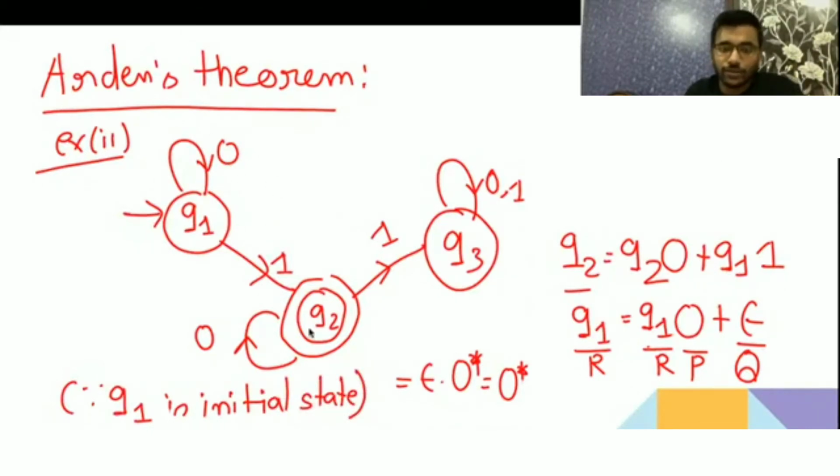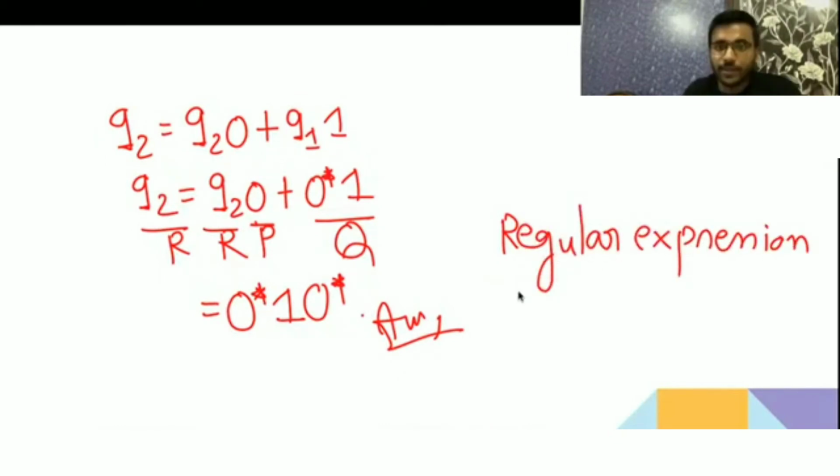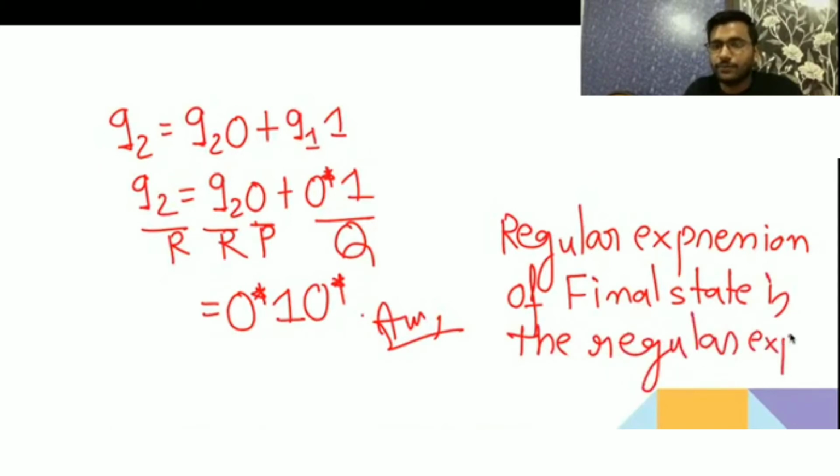By using Arden's theorem, we have to find the regular expression. Whatever regular expression we get for the final state is going to be the regular expression of the FA.